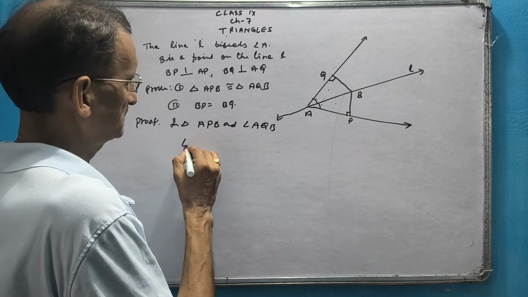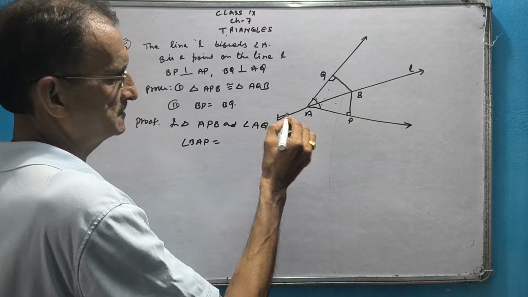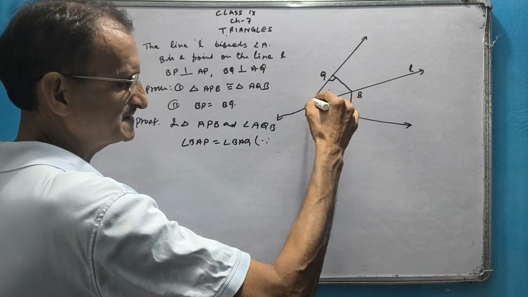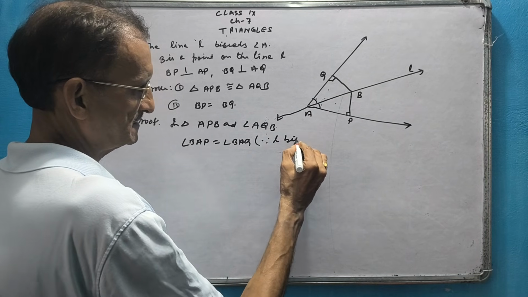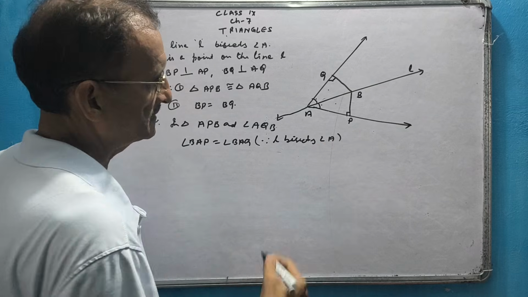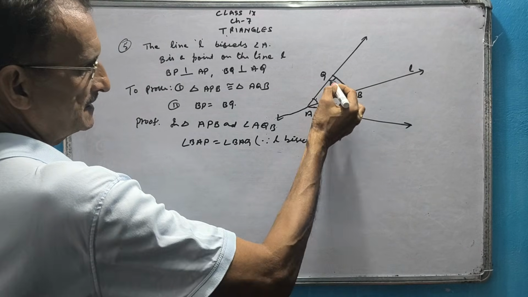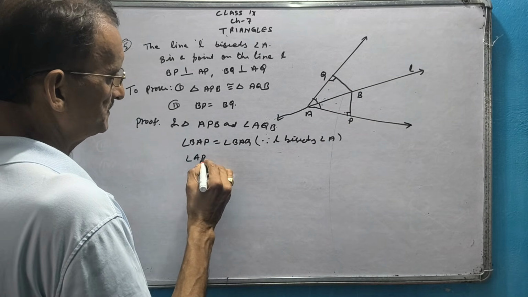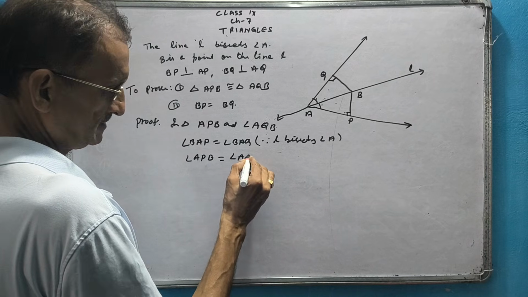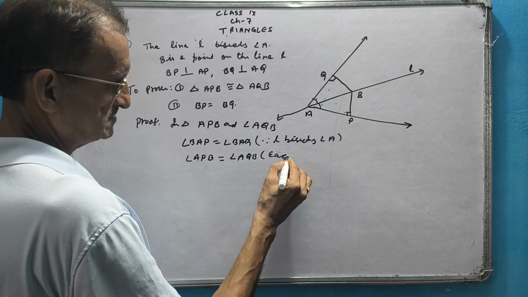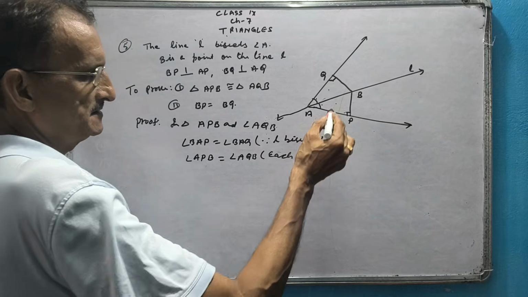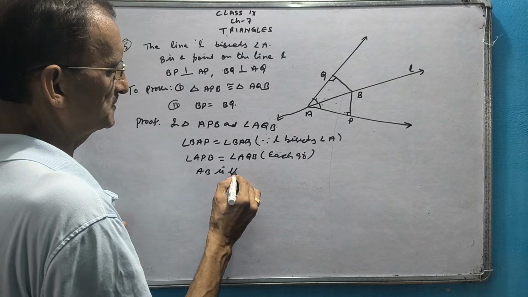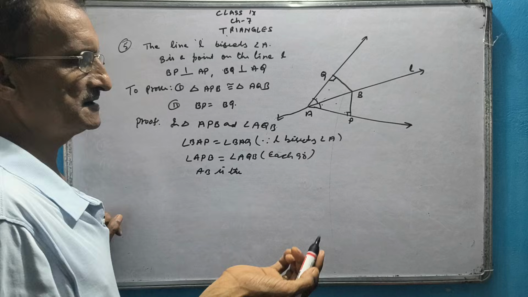Angle BAP equal to angle BAQ, since L bisects angle A. Perpendicular means 90 degrees, so angle APB is equal to angle AQB because they are each 90 degrees. AB is the common side, AB equal to AB, common side.